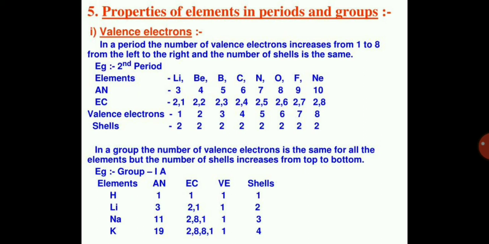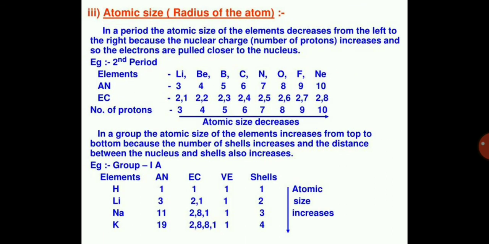See hydrogen, lithium, sodium, potassium: the last electrons are the same, but the shells are increasing. One shell, K shell, then KL, then KLM, and for potassium they have KLMN, correct? So these are the properties.